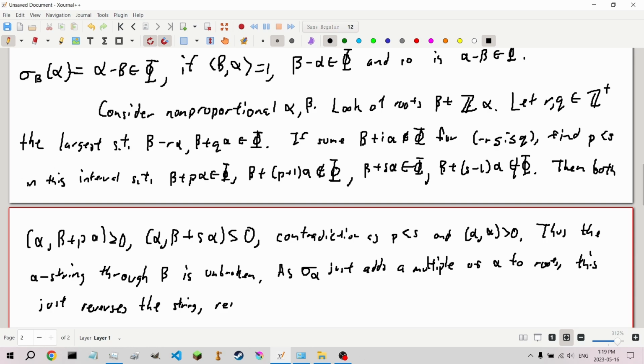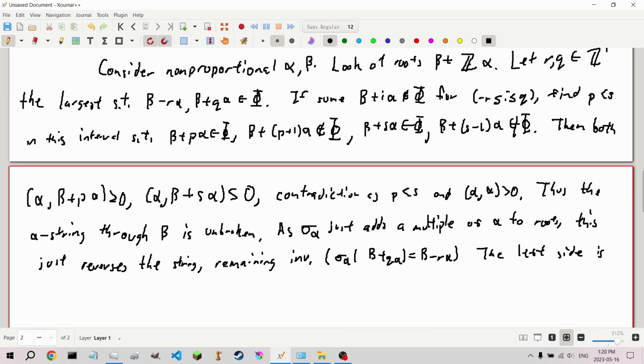Remaining invariant. With sigma alpha of b plus q alpha being equal to beta minus r alpha, the left side is then beta minus the bracket of beta alpha minus q alpha.